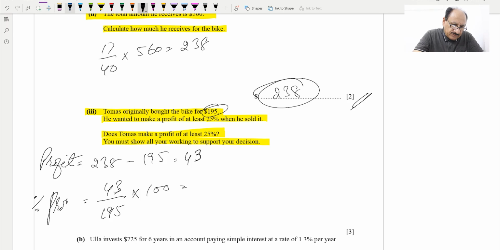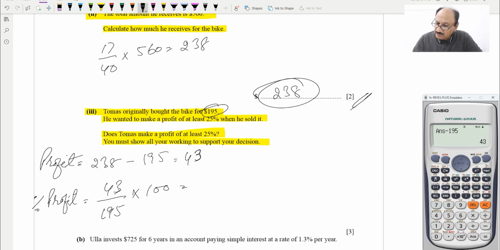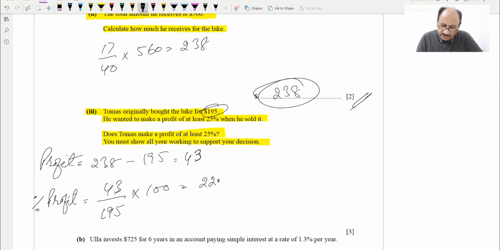The calculation will give us 43 over 195 multiplied by 100, giving us 22.05%, which is not 25%. So our answer would be no, it will not be 25%.